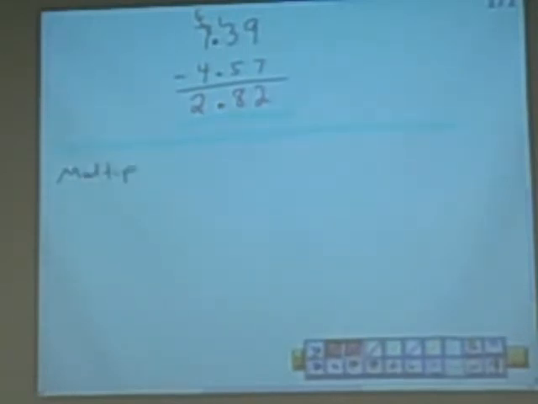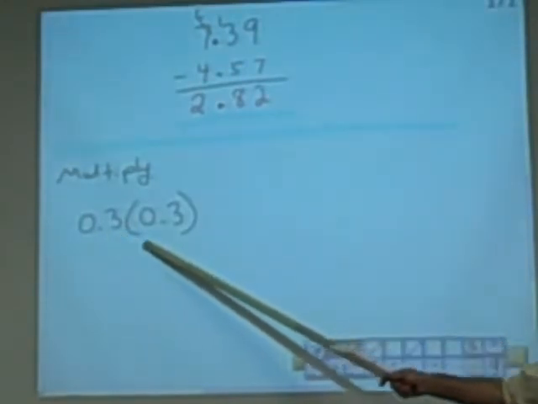In this next problem, we want to multiply. And we have 0.3, and then we have parentheses, and we get 0.3 again. Well, what operation are we doing here in this problem?